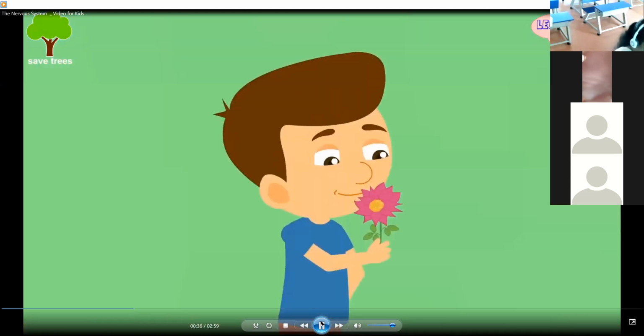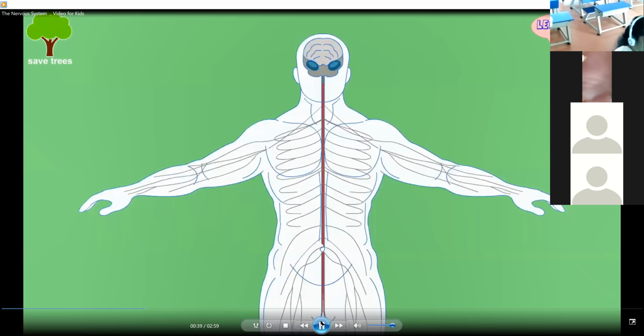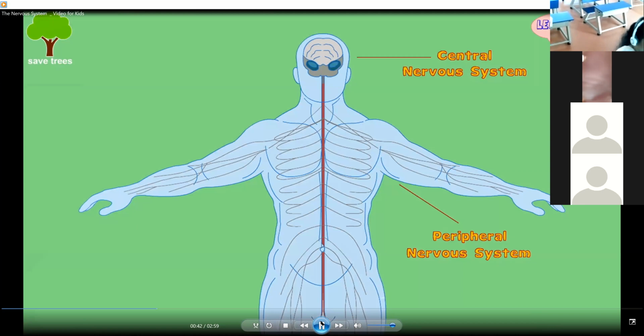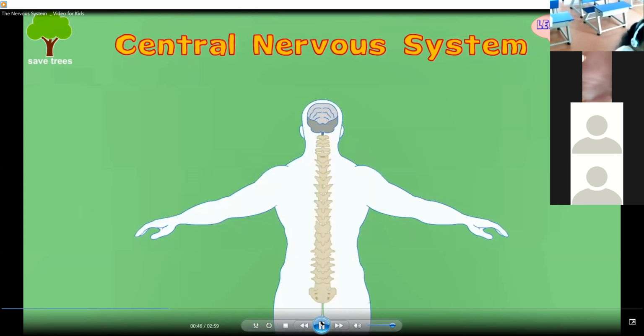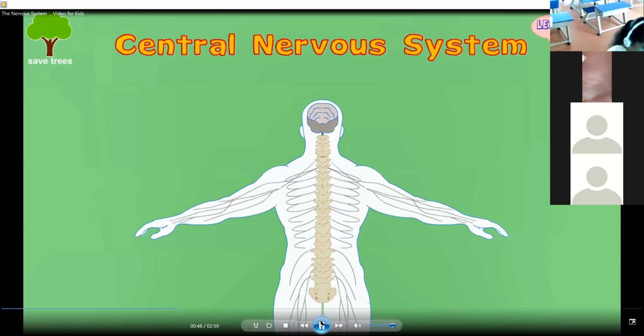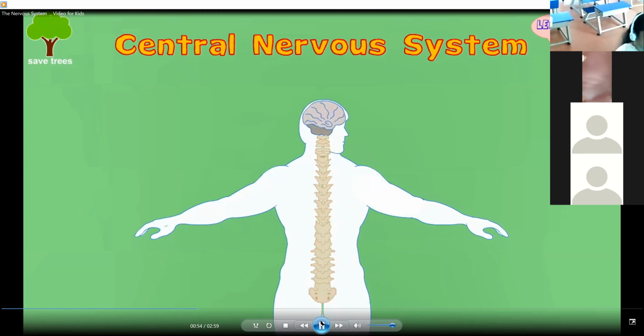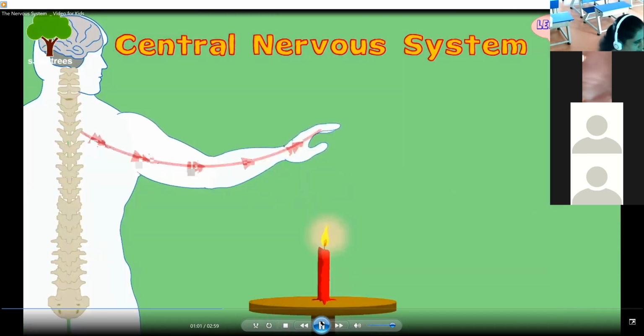The two main parts of the nervous system are the central nervous system and the peripheral nervous system. The central nervous system is the part of the nervous system consisting of the brain and spinal cord. The brain lies protected inside the skull, and from there it controls all the body functions by receiving and sending messages through the nerves.